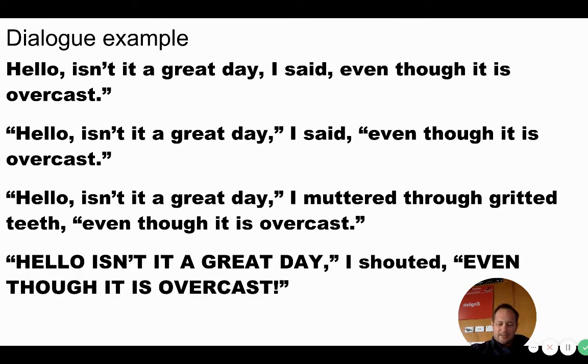We also looked at using caps, which is super shouty. That's something that really can't be overused, but it's certainly effective when it is used. So just a quick bit about dialogue there.